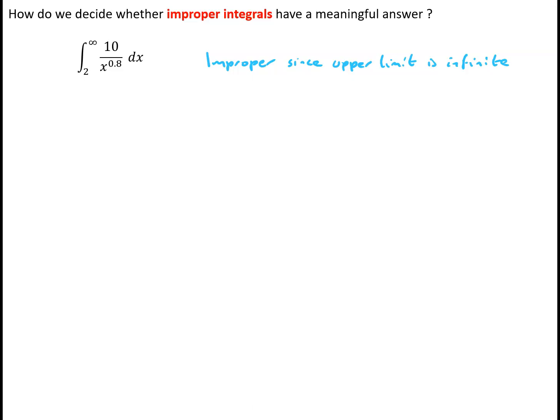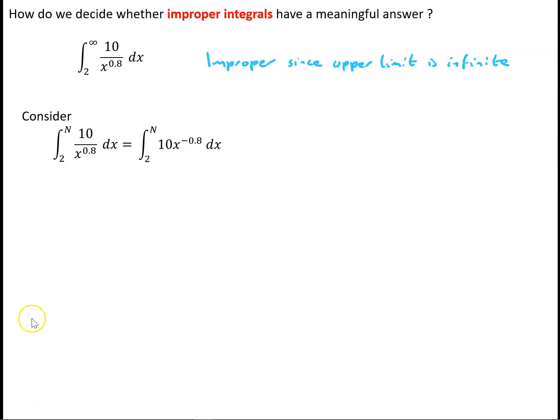What we're going to do is we're going to consider the integral between 2 and n of 10 over x to the 0.8. So we're integrating 10 x to the minus 0.8. Now the integral of 10 x to the minus 0.8 is 10 times x to the 0.2 divided by 0.2.